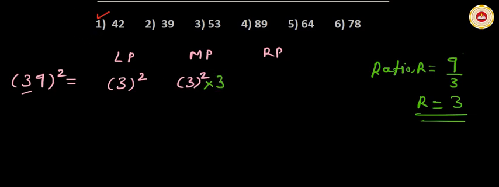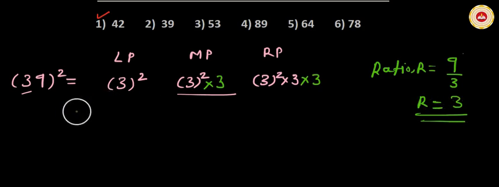Now what is right part? Right part is value of middle part multiplied by ratio. What is value of middle part? Value of middle part is 3 squared multiplied by 3. This is value of middle part. So right part is value of middle part multiplied by ratio, which is 3 in this case.